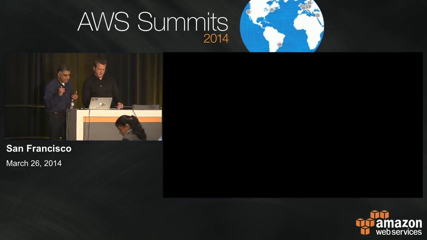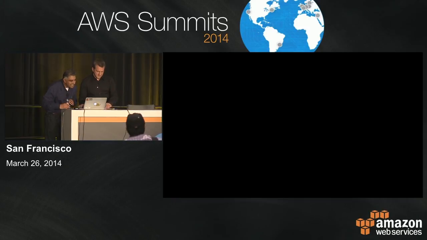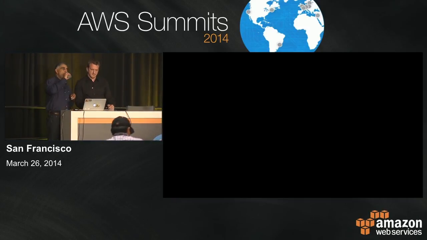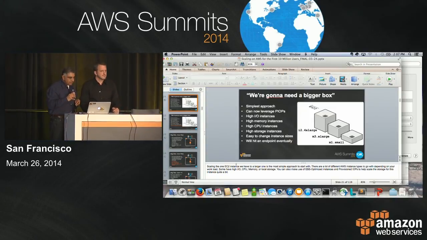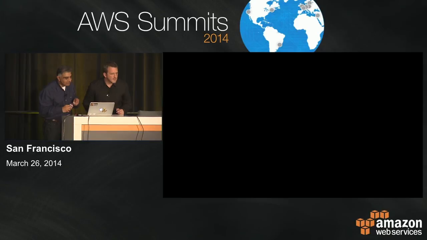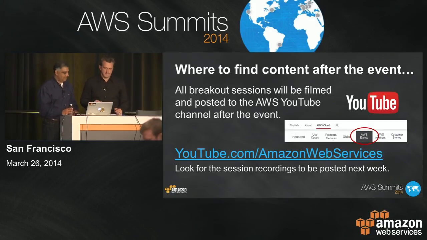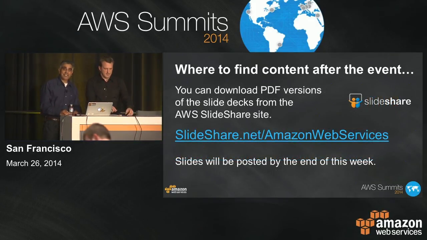I guess you might have hit something. There you go. Sorry, folks. What happened? Plug in. Screen. I think we lost our slides. We lost our screen. Maybe we can switch back.